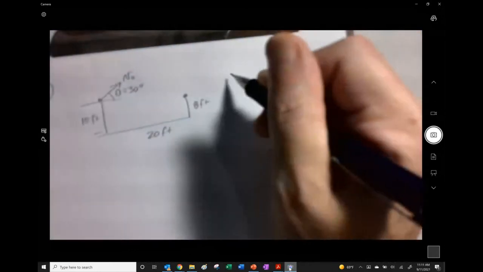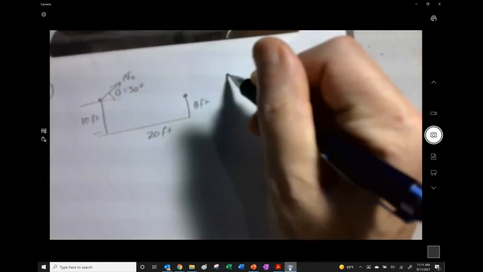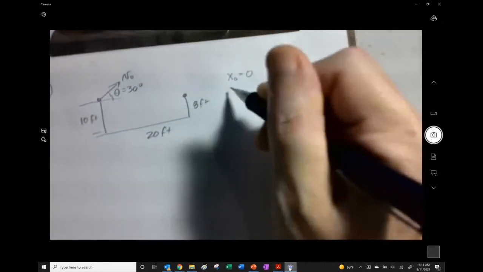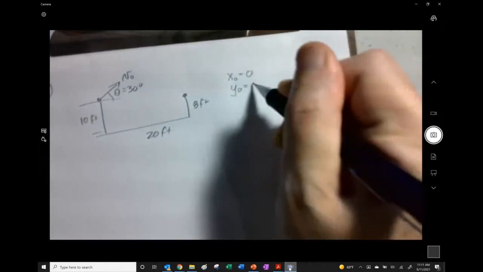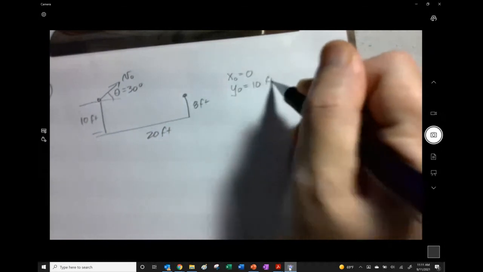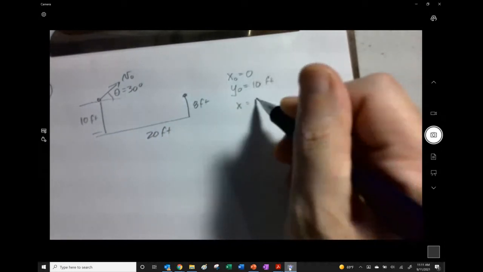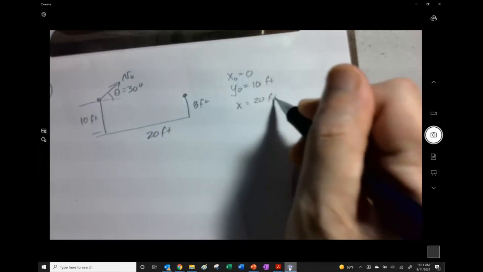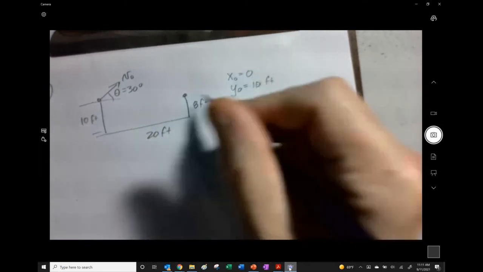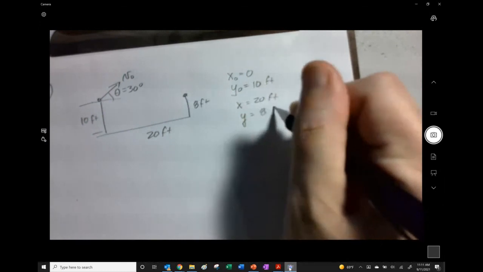All right, so we're going to choose X0 to equal 0. We'll say Y0 is equal to 10 feet. The eventual X that we want to get to is 20 feet away, and the eventual spot we want to land is 8 feet up.